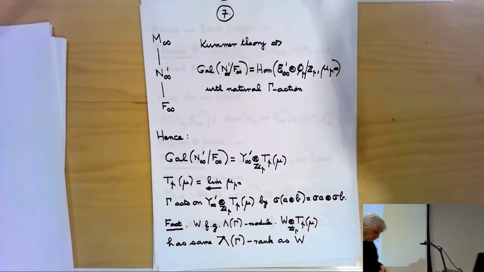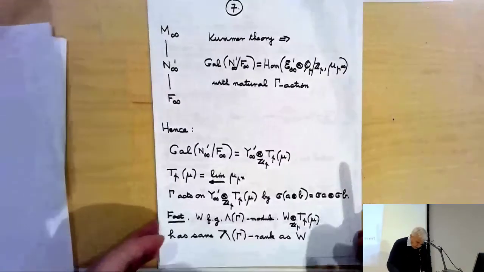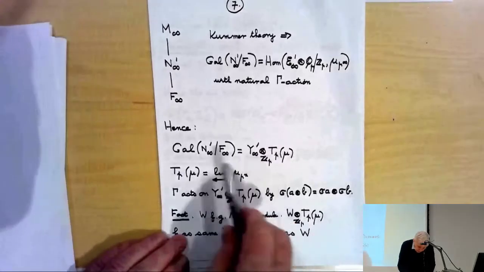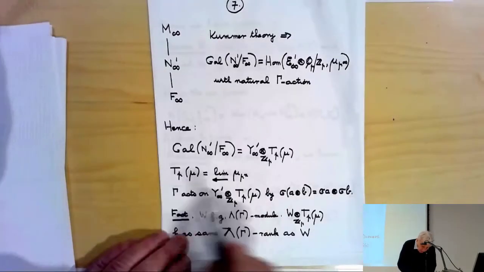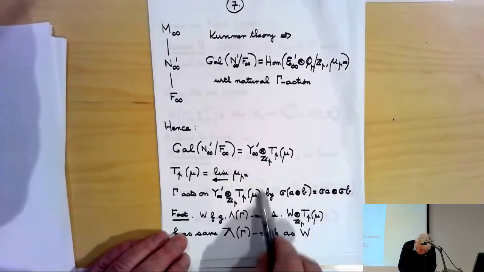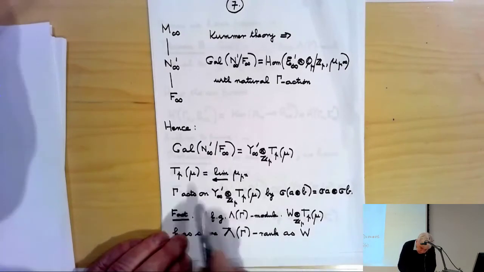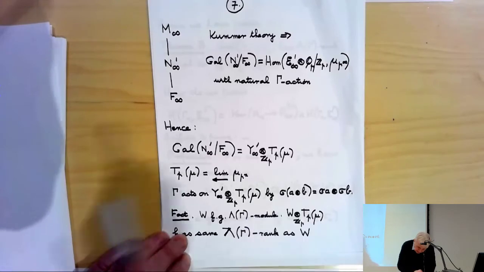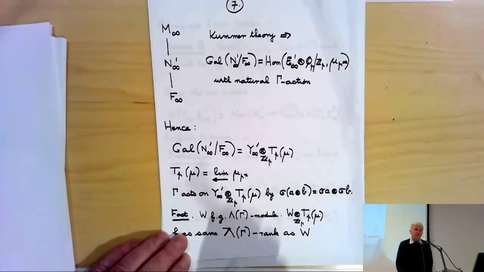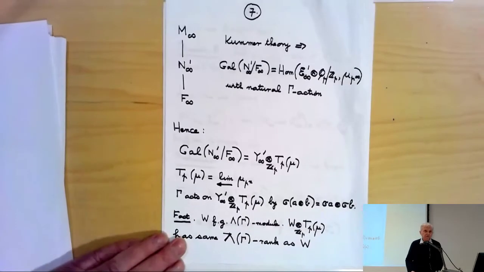Now, when I write this, let me remind you that Gamma is acting on both factors. In other words, sigma of A tensor B is sigma A tensor sigma of B. There really is a twist going on there.